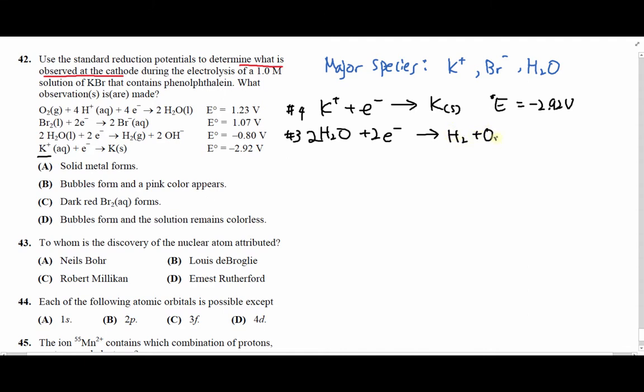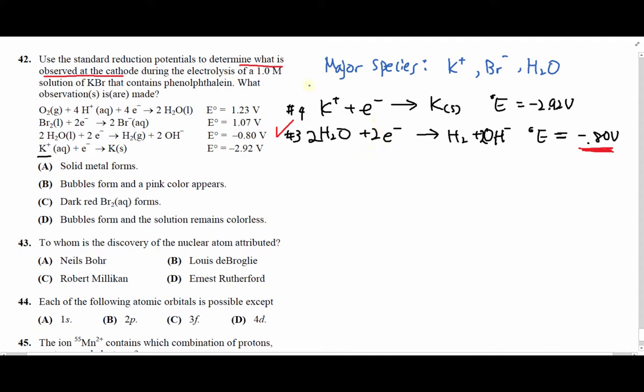Now we have to determine which one is reduced. We compare the cell potential for each half reaction, and it favors the higher magnitude of cell potential. Definitely number 3 is higher. So the reaction favors reducing water over our potassium ion.